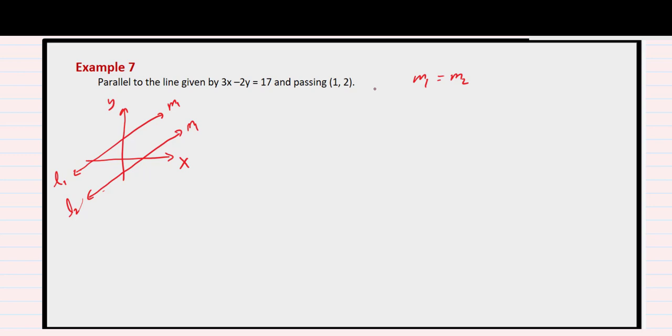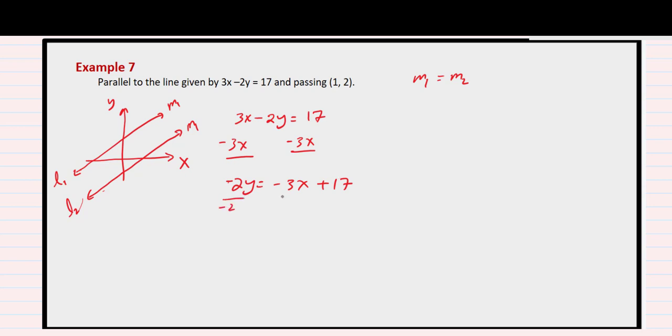Let's find out the slope of the first line. We have 3x minus 2y equals 17. This is in standard form. We have to convert it to slope-intercept form. So let's subtract 3x from both sides. This cancels out. We have negative 2y equals negative 3x plus 17.